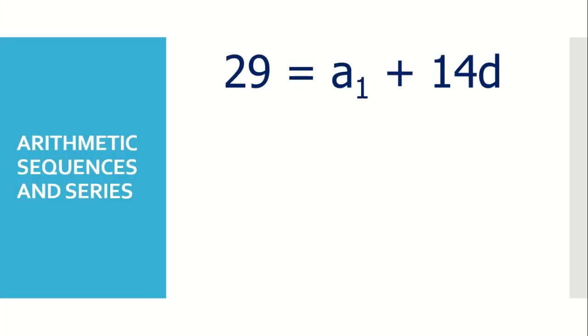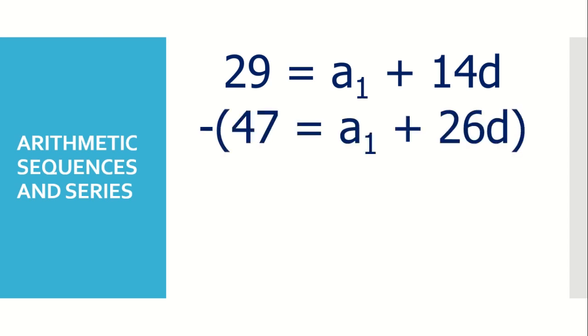To solve for the value of an unknown variable, given 29 equals a sub 1 plus 14d and 47 equals a sub 1 plus 26d, we have to use the elimination method by addition or subtraction. So we will now subtract the two given equations.